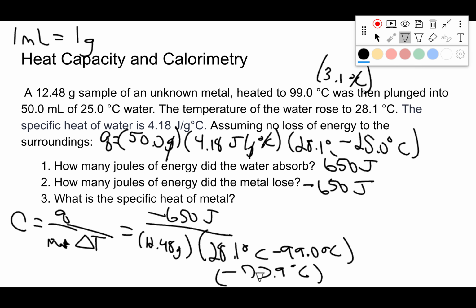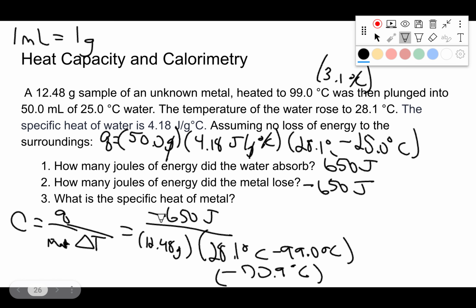And that is good because that cancels out my negative up here, because specific heat is always just a positive number. You can't have a negative specific heat, because it's just a certain number of how much energy it takes per 1 gram to change 1 degree Celsius, or however we want to define it. So this has to be a positive number.